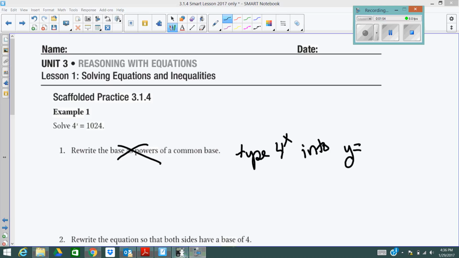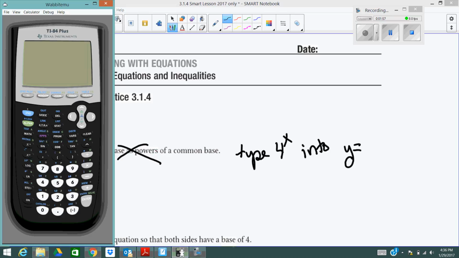So let's get out our calculators and type 4 to the x power into our y equals, and we're going to look at our table. If your table is super big like mine, we're going to reset that table setup. I'm going to start at 1 and go by ones.